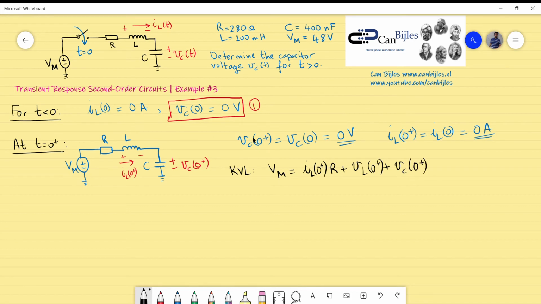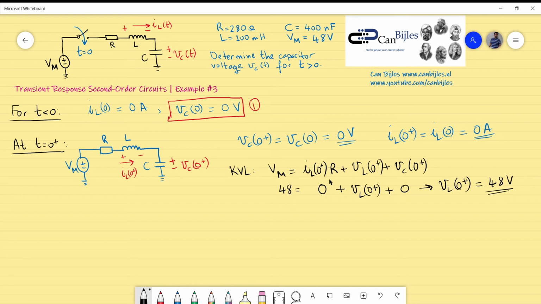Vm is already given, it's 48. Since the inductor current is 0, the first part after the equality sign is 0, and the capacitor voltage is also 0. So the inductor voltage at 0 plus will be 48 volts. We will keep this, we might need it in the future analysis.